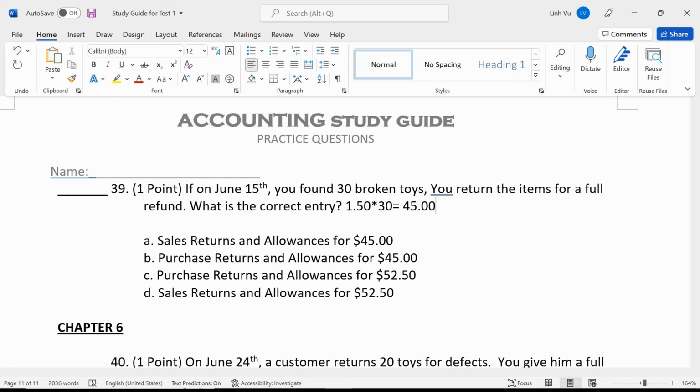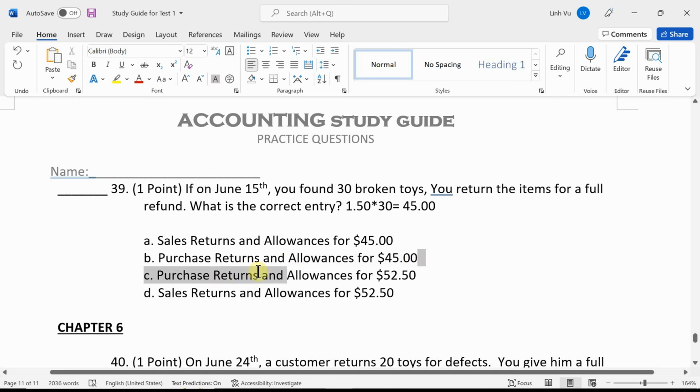We cannot include the sales tax, we cannot return the shipping. So it cost me $1.50 per item. We're gonna return 30, so 30 times $1.50, you said, was $45. Because this is a purchase, these items we're returning to the vendor, therefore it is a purchase returns and allowances for $45.